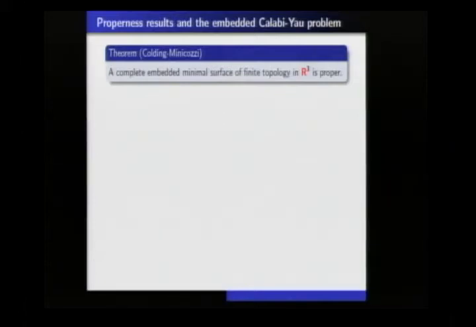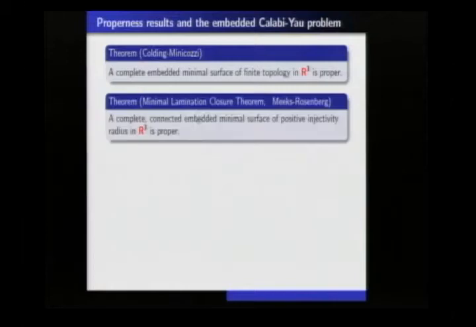They're really basic and important. One of the first results was this result of Meeks and Rosenberg: a complete embedded minimal surface of finite topology is always properly embedded. And then you have this more useful tool, because it becomes a tool for doing other things.